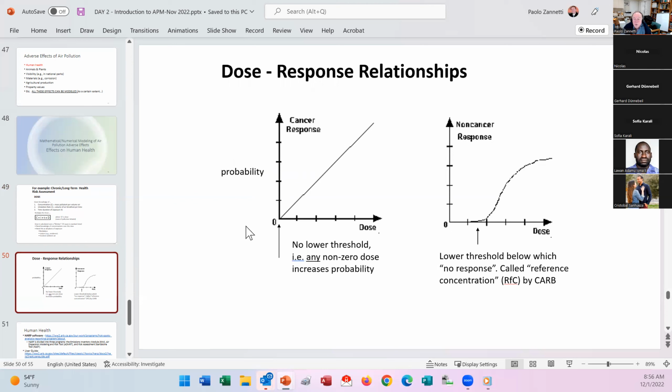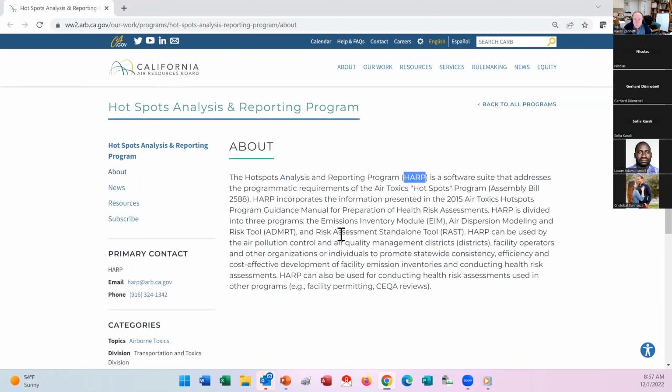And by the way, in addition to the EPA, which has excellent websites dealing with air pollution, you can also consult the California Air Resources Board. They have a lot of material, software, programs, publications, resources. It's really amazing what they put together here. It's excellent teaching material.